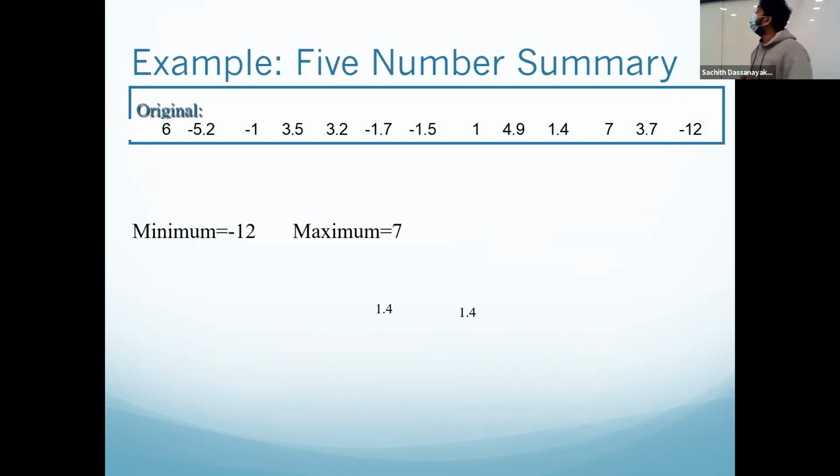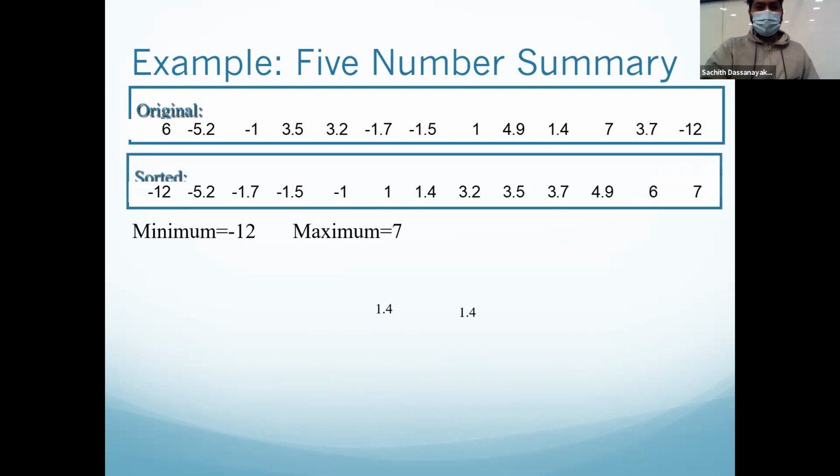You have these observations: 3, 6, 9, 10. Yeah, 13 observations. So first sort them into ascending order. Then you can find the minimum, the maximum, Q1, Q2, and Q3.